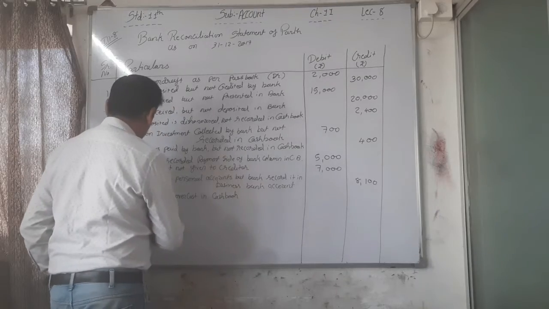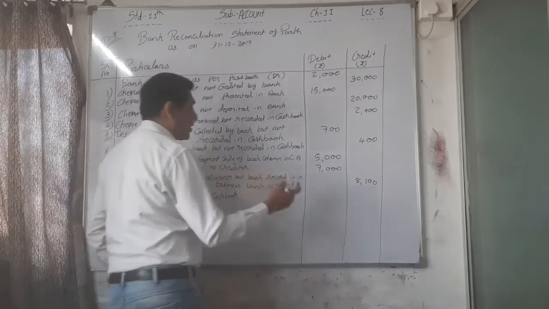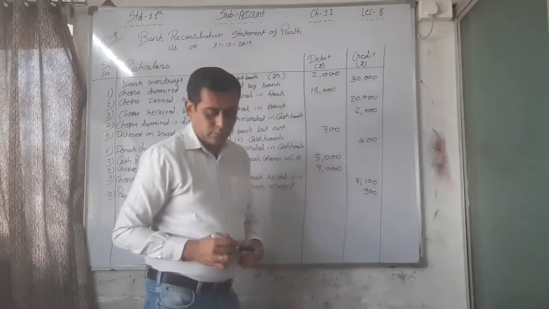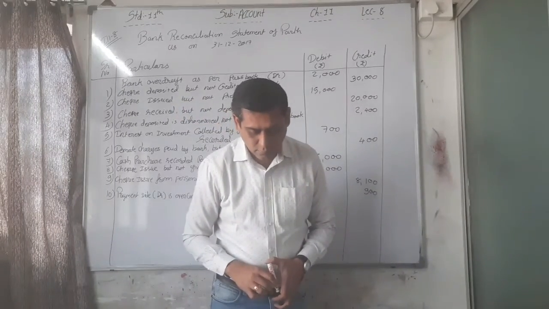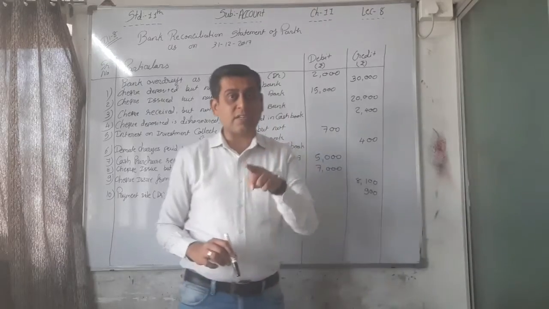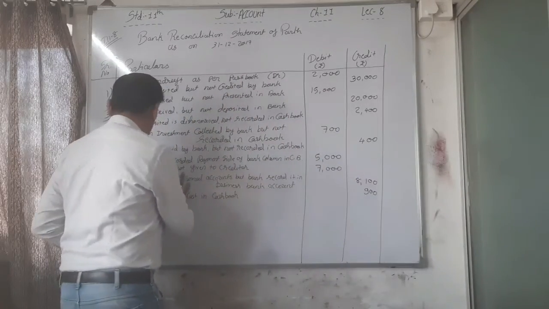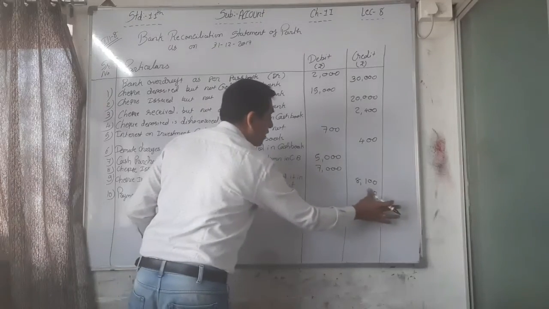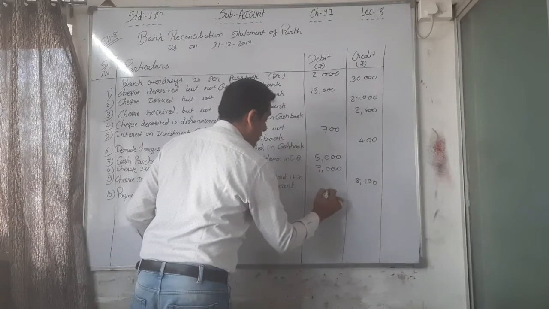So payment side, that is credit side, is overcast, that's why here we have to debit it, overcast, that is debit.